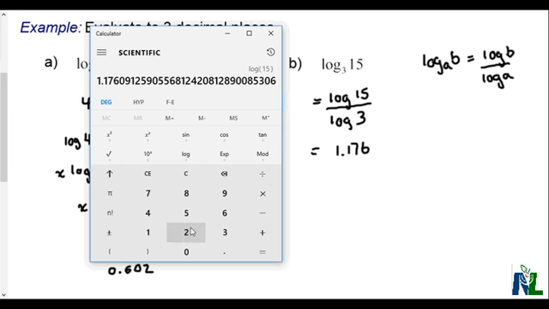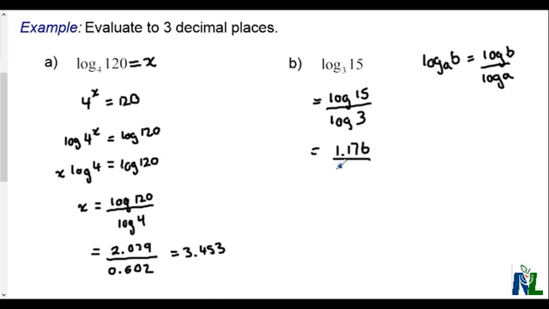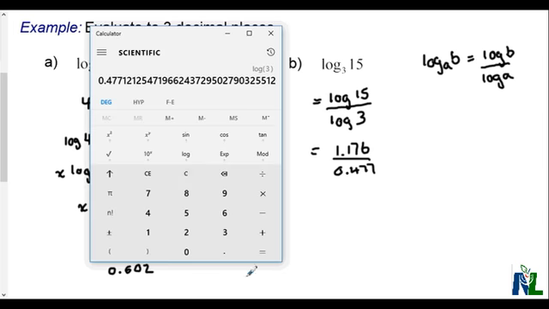And I got the log of 3 is 0.477. Dividing those, 1.176 divided by 0.477 gives me a value of 2.465.